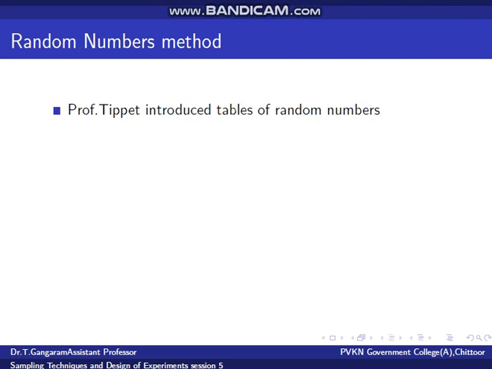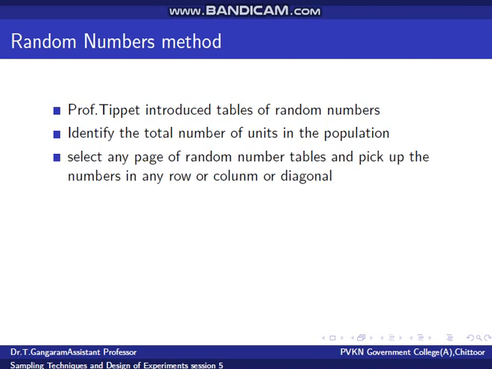In this method, using the table of random numbers prepared by Tippett and Fisher and Yates, we have to identify the total number of units in the population, select a page of random number tables and pick up the numbers in any row or any column or diagonal also. The selected numbers give us the random sample.